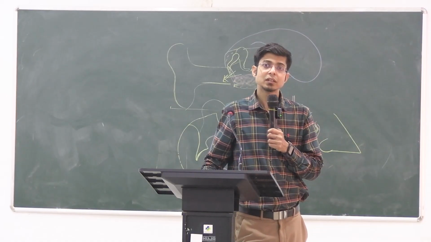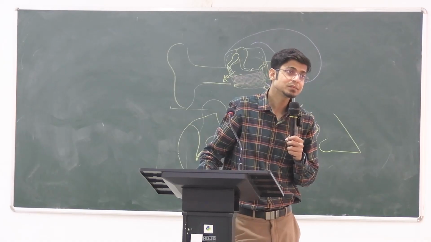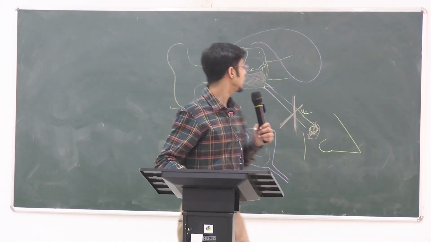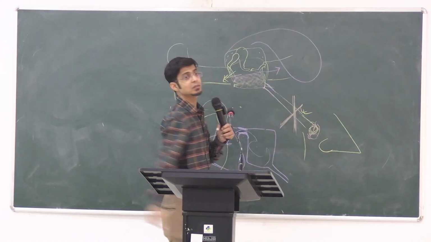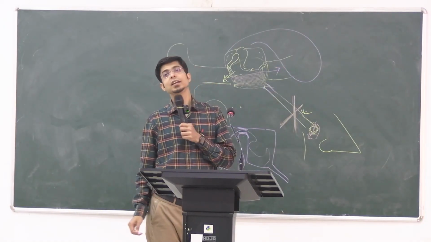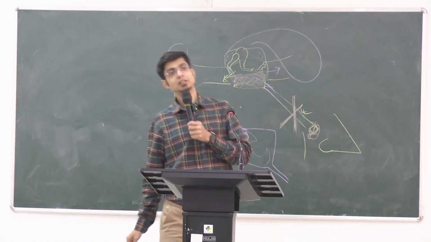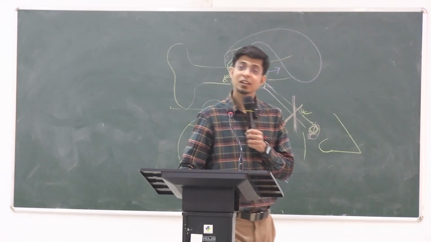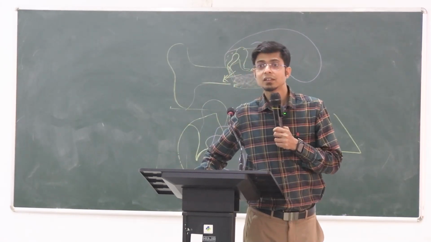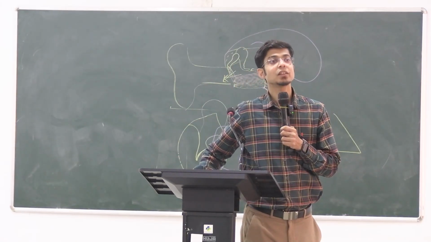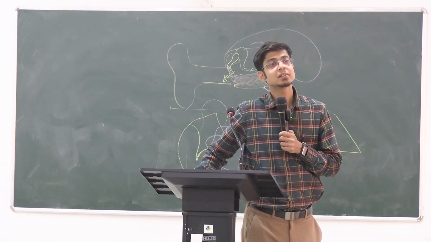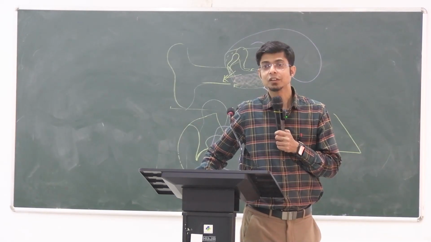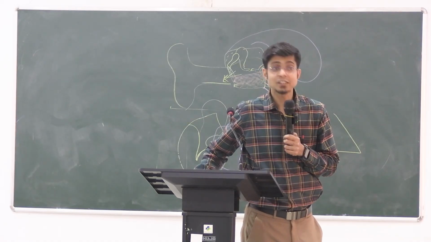Okay. What other things can happen? Where is the other space that this infection can go to? Inner ear. What can it cause? Labyrinthitis. Very good. Okay. So, what are the symptoms of labyrinthitis? Yes, very good. The patient may have dizziness.